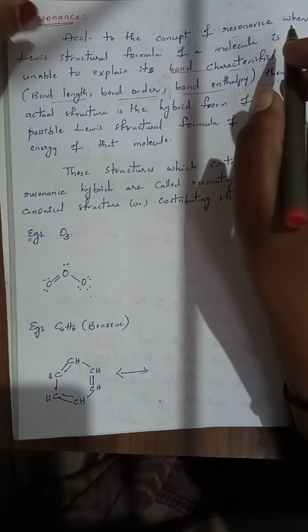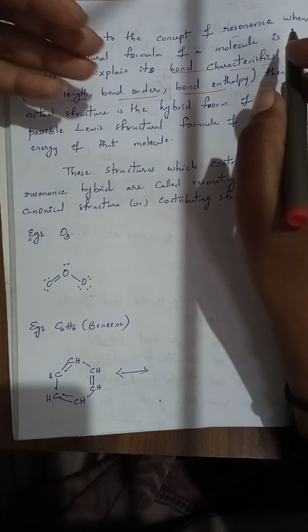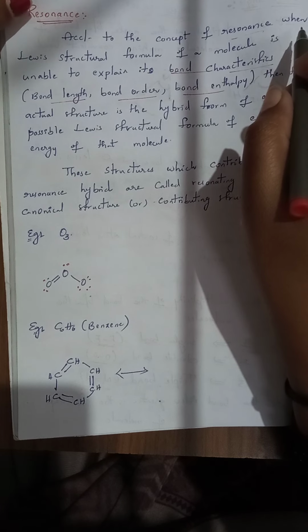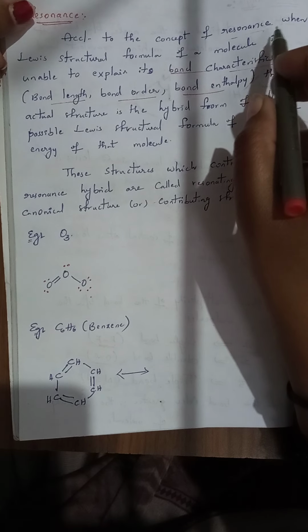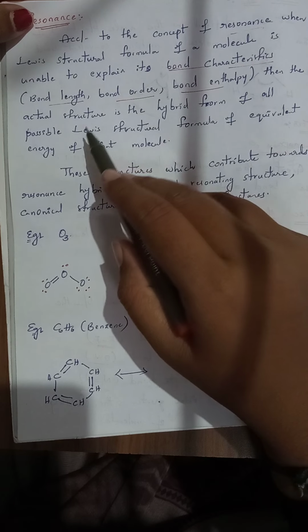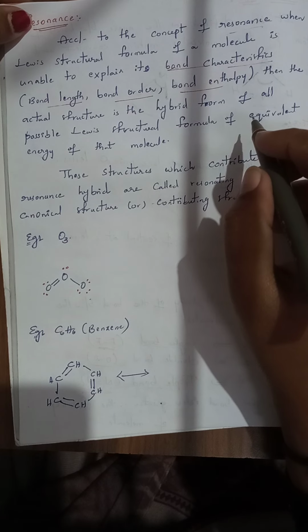So if any compound's bond characteristics are not explained by its Lewis structural formula, then we need to go through resonance. Then the actual structure is the hybrid form of all the possible Lewis structural formulas. So what is a hybrid here?